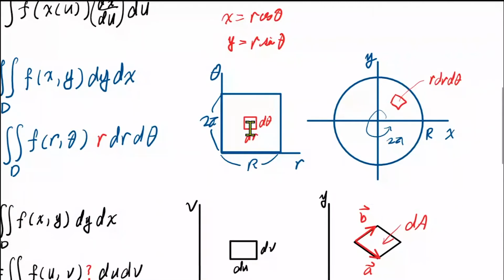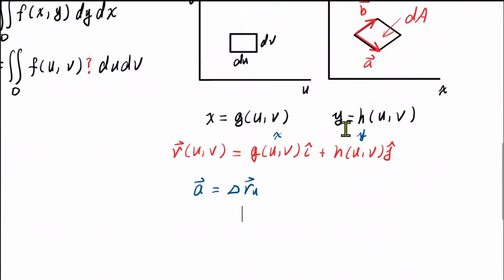If I move theta a little bit up, then this thing moves that way. So this is the r direction and this is the theta direction, isn't it? Right, that gives you that approximately parallelogram looking thingy. So if I just move slightly in u direction, then it's going to move in that direction. And then if I move slightly in v direction, then this thing moves in that direction. So do you understand that delta r in u direction?